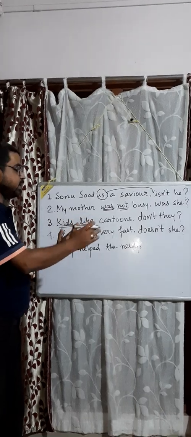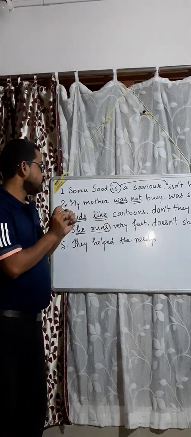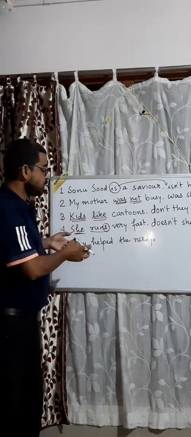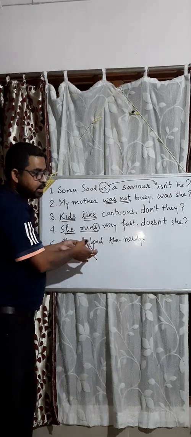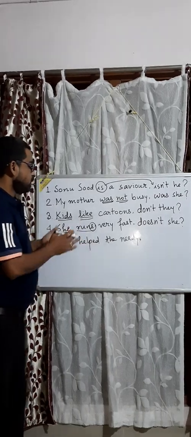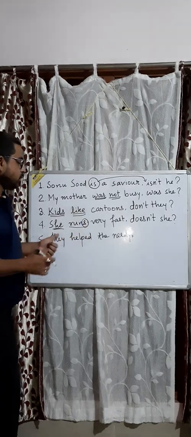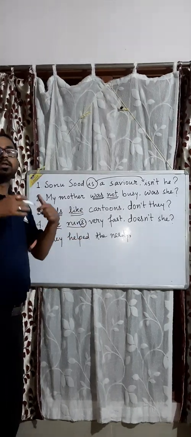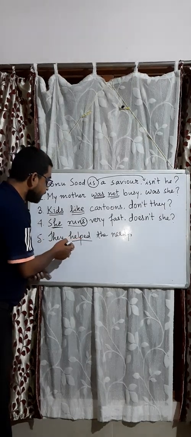Now let's move to the fifth example statement. They helped the needy. Step number one, we have to identify whether it is a positive or negative statement. This is obviously a positive statement. So the next thing that we have to do is that we have to find the auxiliary verb, which is not present here. So if there is no auxiliary verb, we have to see the main verb. So here the main verb is helped.